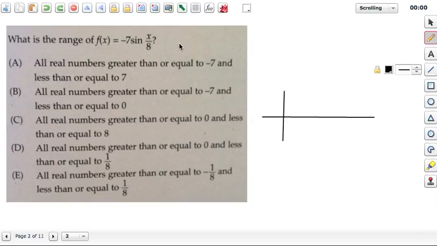The sine wave goes up and down like this. So a reflection of the sine wave in the x-axis will go down, up and over. It's not asking us to draw the function, it's just asking for the range. So the range is going to be all the way from 7 to negative 7, because 7 is the amplitude.